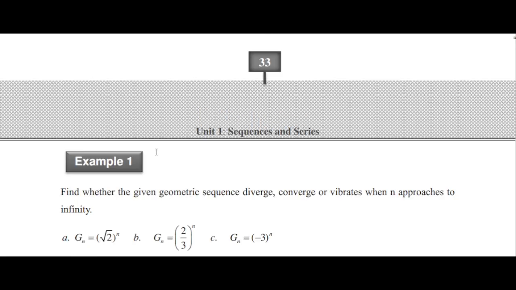Let's see a particular example. Example 1: find whether the given geometric sequence diverges, converges or vibrates when n approaches infinity. Here, (a) G_n is equal to square root of 2 to the power of n. The square root of 2 is about 1.4, and 1.4 is greater than 1.